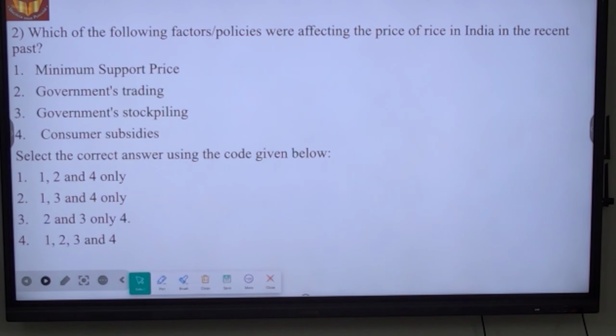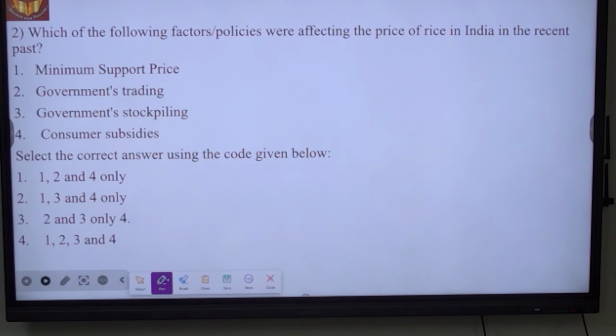Second question: which one of the following policies were affecting the price of rice in India in the recent past? Minimum support price, second is government trading, third is government stockpiling, fourth is consumer subsidies. Select the correct answer using the code below. See, minimum support price, government trading. Government trading means open market operations.